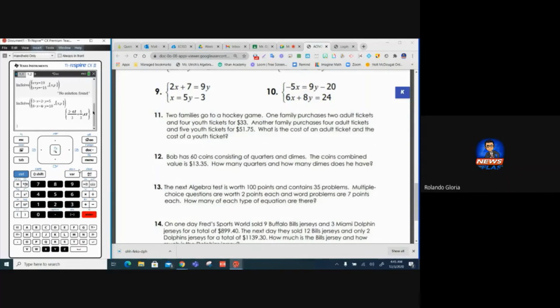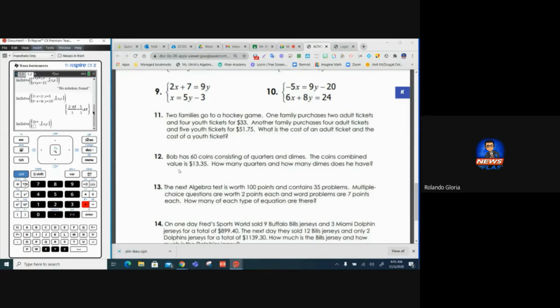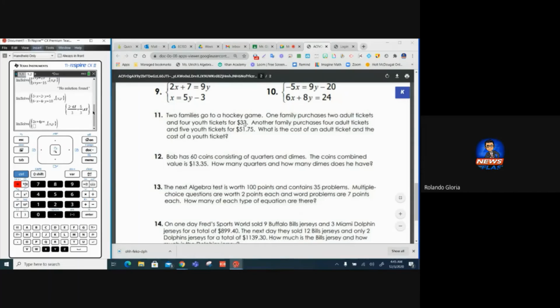Okay, so let's type our equations. Let's do menu 3, 2 first, and then get the equations from the word problem. The adult ticket will be the x and the youth ticket will be the y. So one family, 2 adult tickets, so that's 2x plus 4 youth tickets, so 4y equals the total value of the tickets, $33.